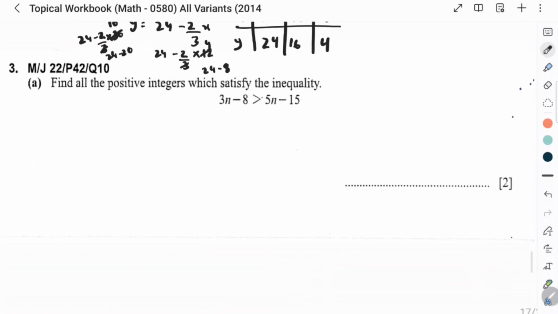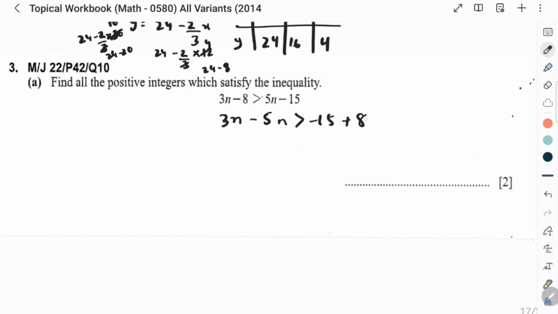Find all positive integers which satisfy the inequality. So we have 3n minus 8, and 3n minus 5n is greater than minus 15 plus 8, that equals minus 7. We'll have to change the inequality, so n is less than 7 over 2, or n is less than 3 and a half. They are asking for all positive values.